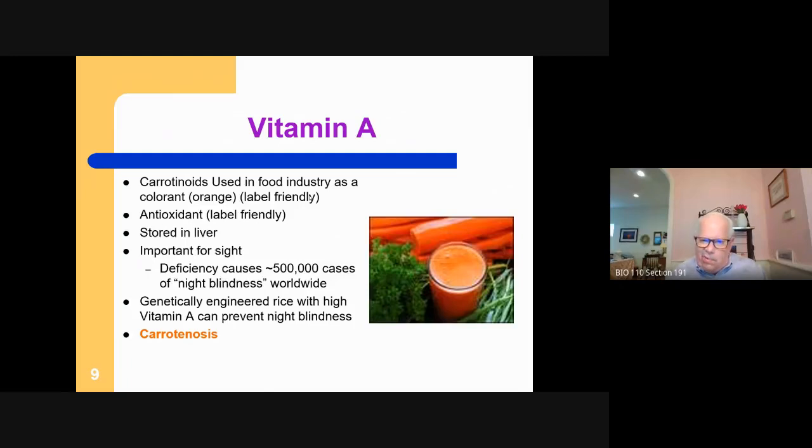In today's world, you just don't have to eat carrots. We have engineered putting vitamin A into rice. So today's rice has fortification with vitamin A. An overdose of vitamin A is called carotenosis. And guess what? Your skin turns orange.